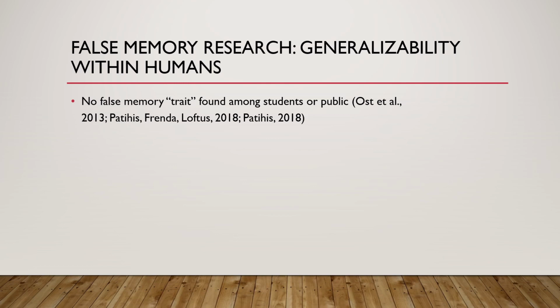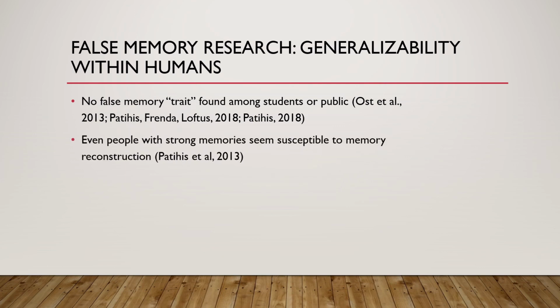Now, some articles have found that measures such as fantasy proneness may be a small correlate of false memory susceptibility, as well as the tendency towards dissociation. But these, I have found, are very small effects, so they're close to being null effects in some findings.